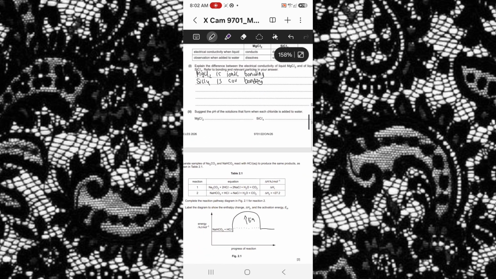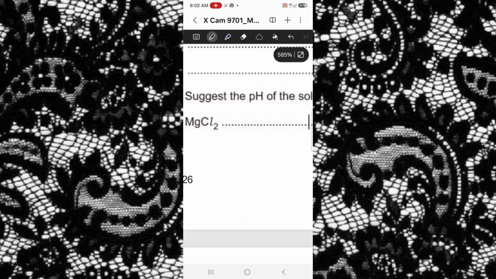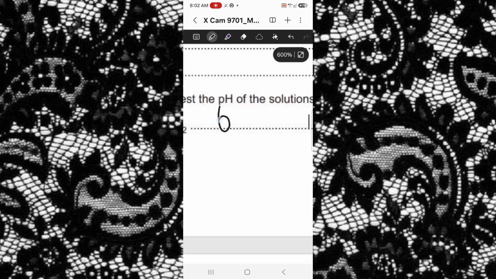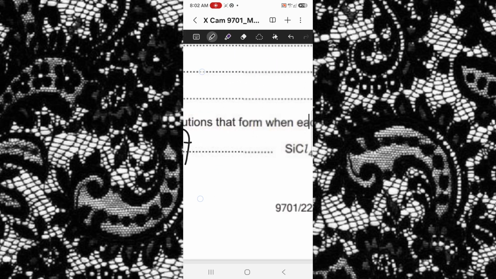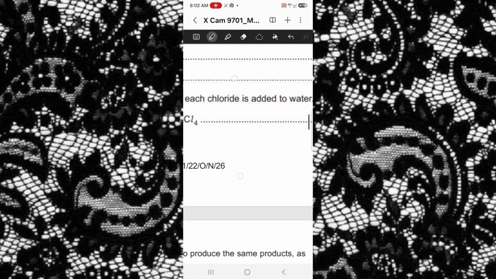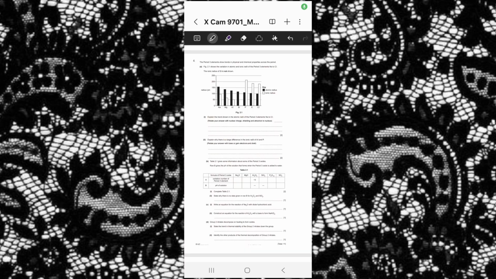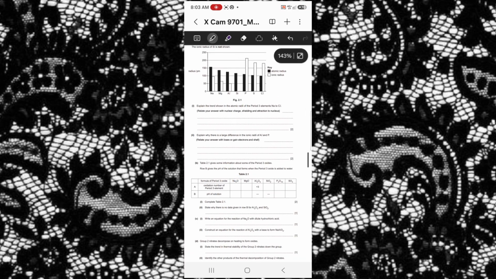And lastly, on this question, suggest the pH of the solution formed when each chloride is added to water. MgCl2 is a salt, so it must be 6.5 to 7. SiCl4 is acid, so it can be 1 to 2. Explain the trend shown in atomic radius of the period 3 elements Na to Cl.